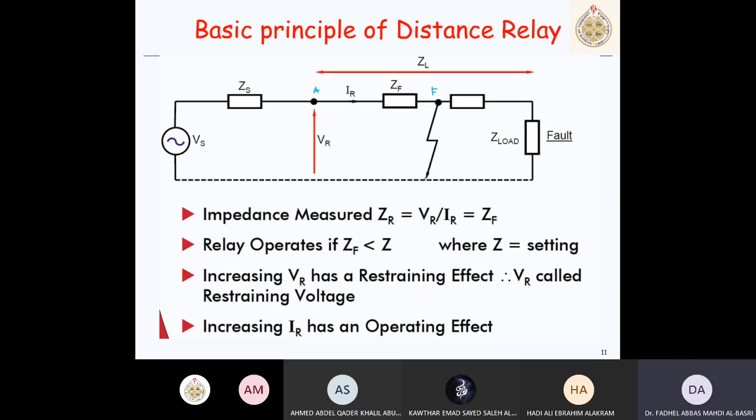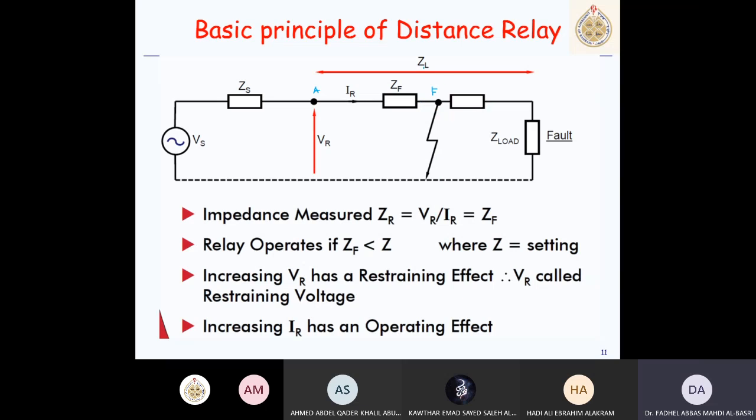When there is a three-phase short circuit at point F, the impedance measured by the relay is ZF, and ZF here is less than Z line. As a result, the relay can declare the fault is in the line.